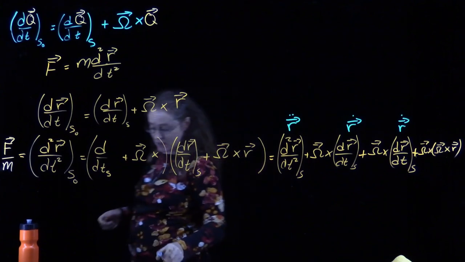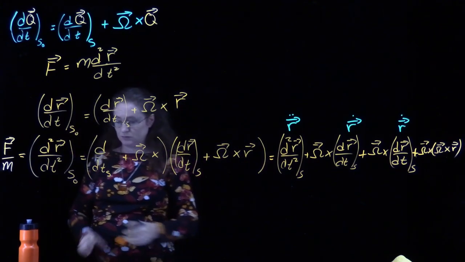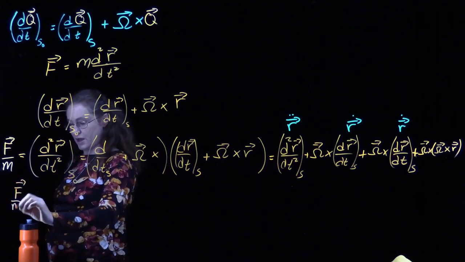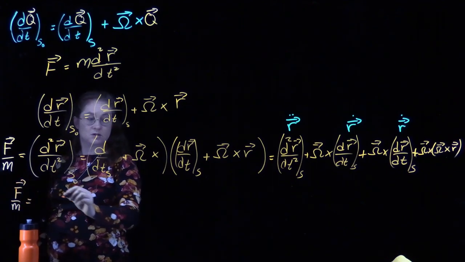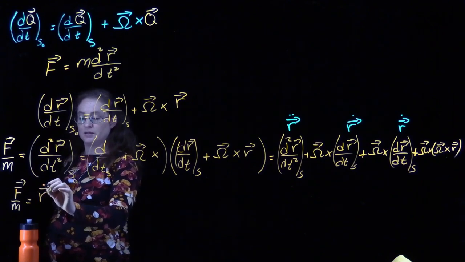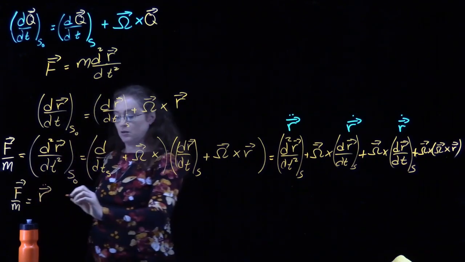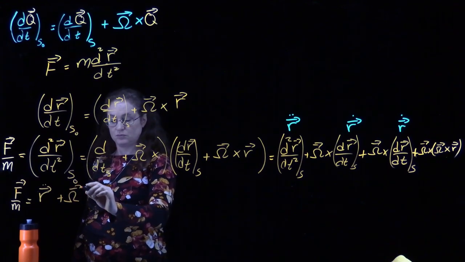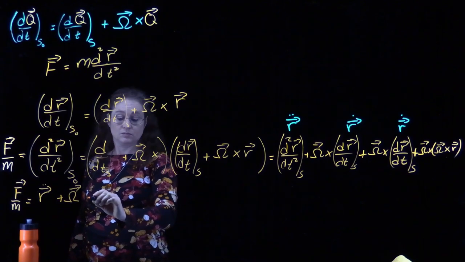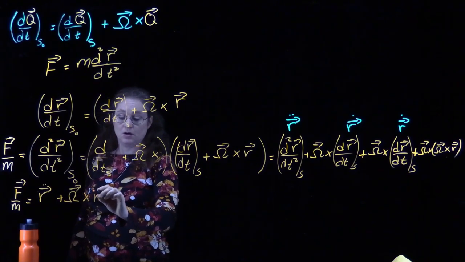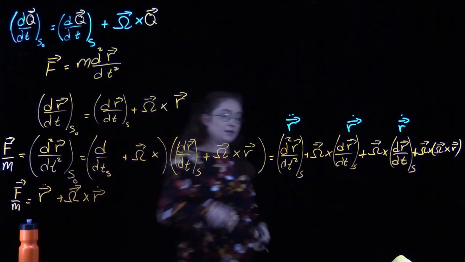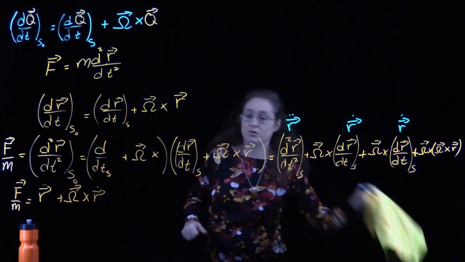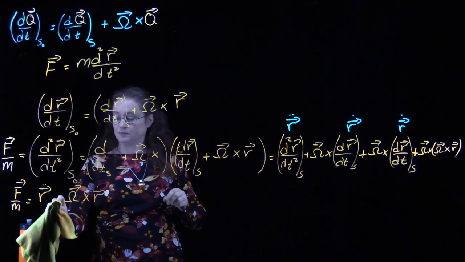So I have F over M equals r double dot plus omega cross r dot, and then actually these two terms are equal, so I can combine them.